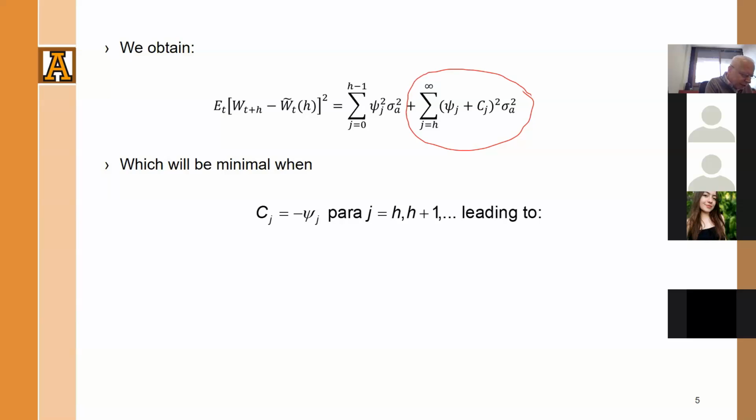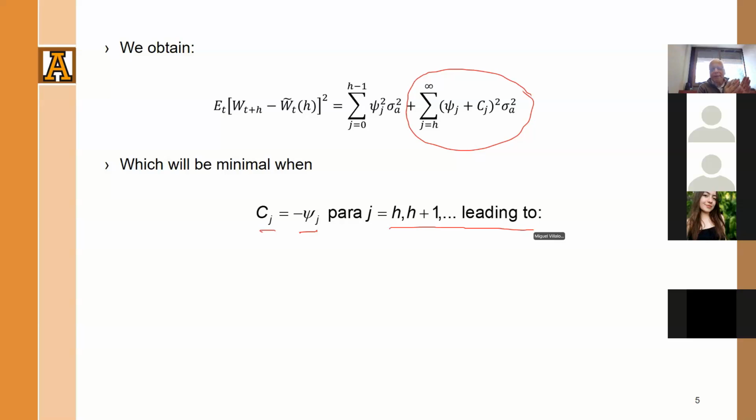To minimize that conditional expectation, we need to have the coefficients c_j equal to psi_j, which are the weights of that linear combination of the a_t's that represent the W_t. So we need to make sure that c_j is equal to psi_j, for j equals h+1, and so on.